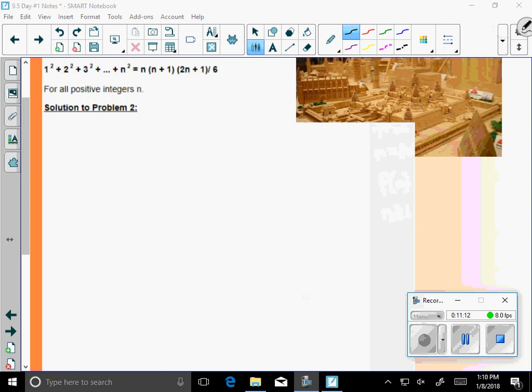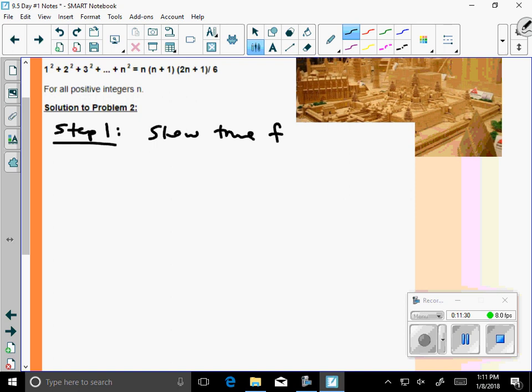Okay. I've had students prior to ask me, do I really need to show it's true for n equals 1? Okay. Step 1 in this case, as we know, is show true for n equals 1. Just as a formality, I'll do it. 1 squared.